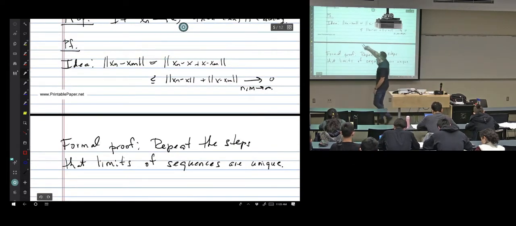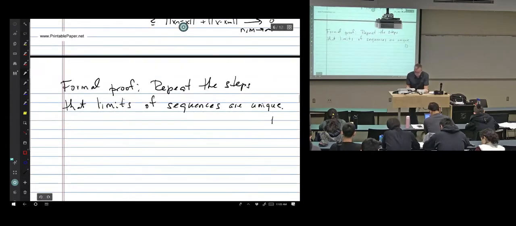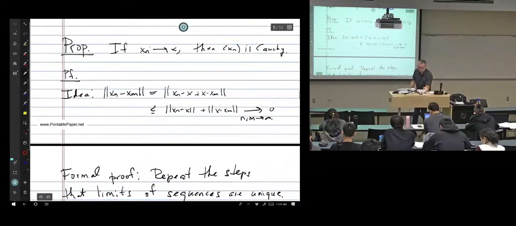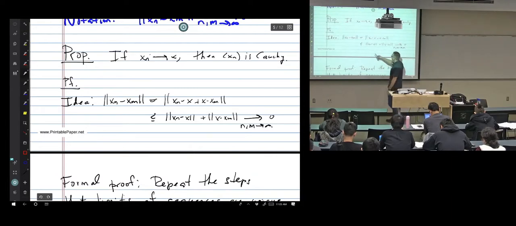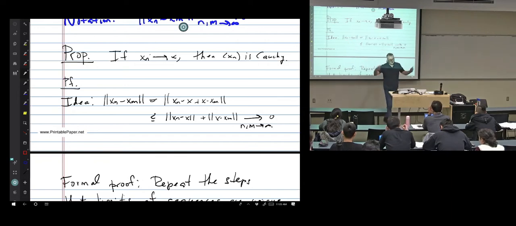There before we had x minus y, and then we had xn minus x, and we had y minus xn. It's the same estimates, exactly the same estimates, okay? So I won't bore you with repeating it. But yeah, if a sequence converges, then if you go down the tails of the sequence, they have to be clustering closer and closer together. So this is a necessary condition.